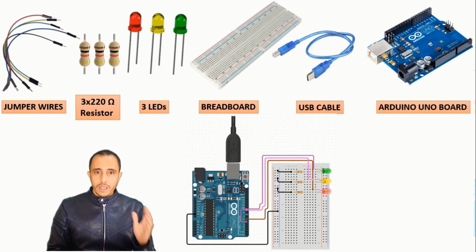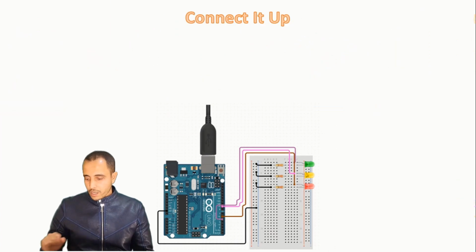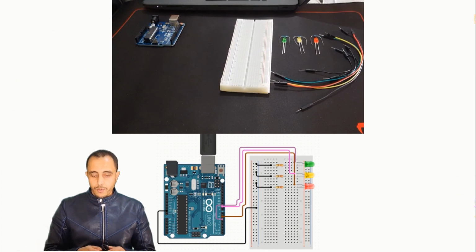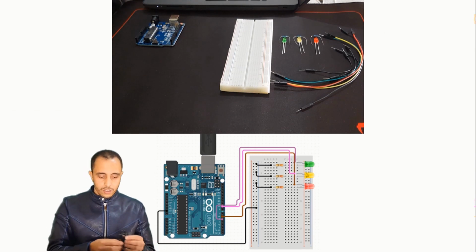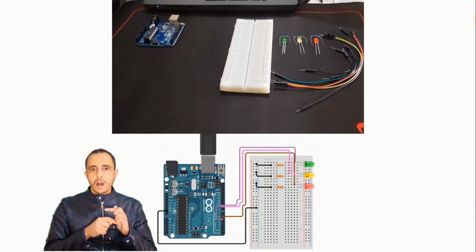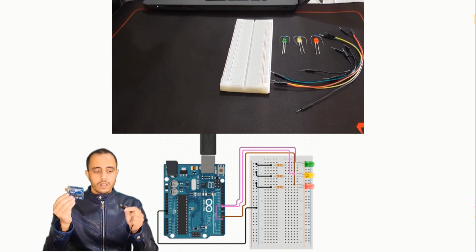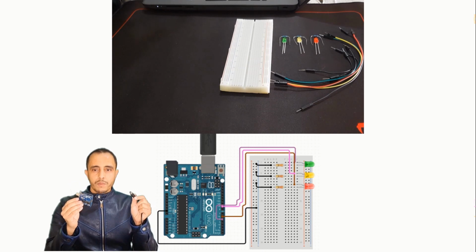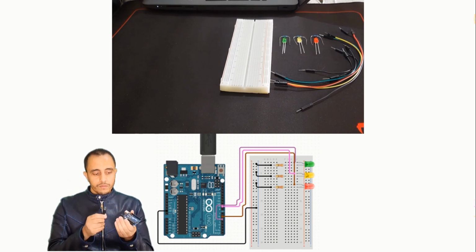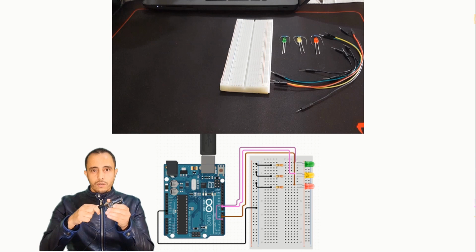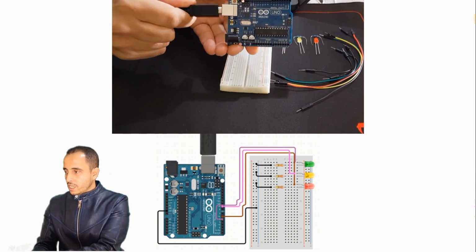Now let's build our circuit. So the first thing that we need to do is to connect our Arduino Uno board via a USB cable. I'm going to connect it, as you can see here.